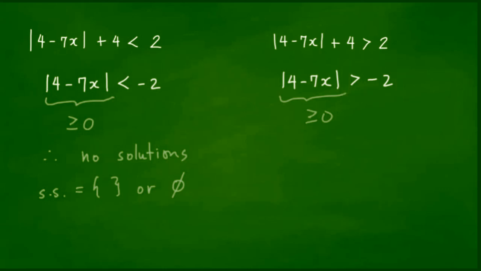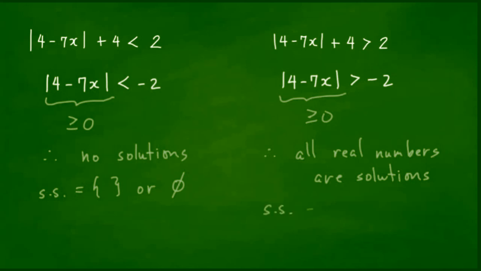So therefore, all real numbers are solutions. X can be any real number. We write down our solution set, which is equal to the set of all real numbers, or you may write this in interval notation, negative infinity to positive infinity.